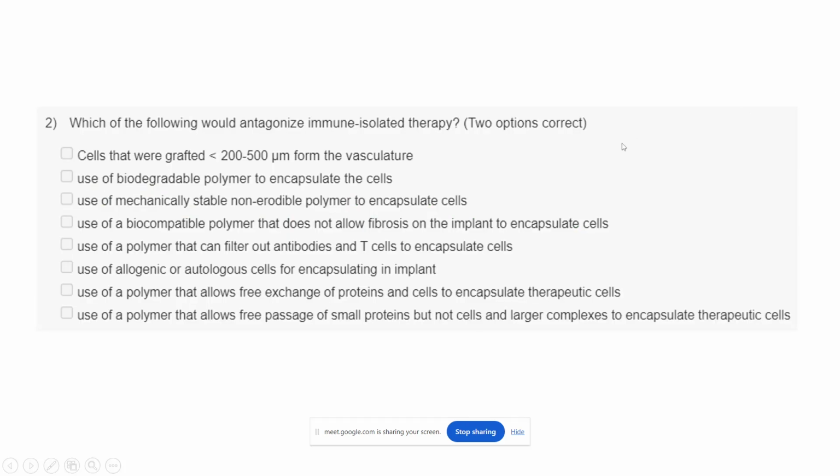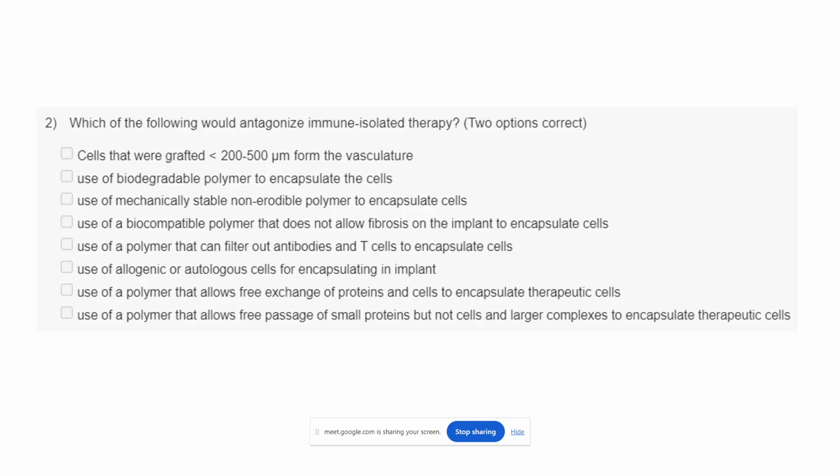So immune isolated cell therapy is basically you are capturing these cells in a non-degradable polymeric cage like thing so that the cells are isolated from your system, but then they will release nutrients. They are free to get nutrients and water and oxygen from your body, and they'll release therapeutic proteins which eventually help you in the therapy.